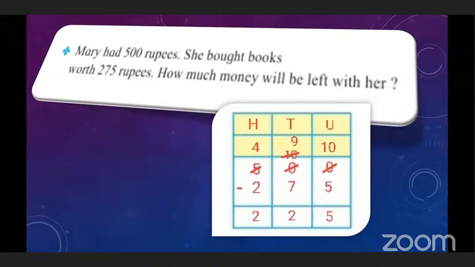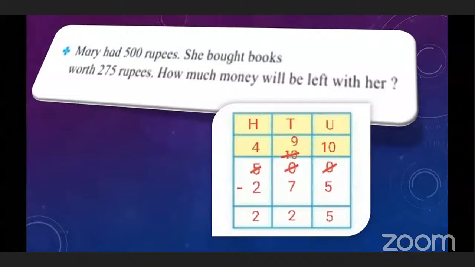When I subtract 5 from 10, my answer will be 5. Let's proceed towards the tens place. There is a 9 and 7. I have to subtract 7 from 9. Which number will I get then? That will be 2.